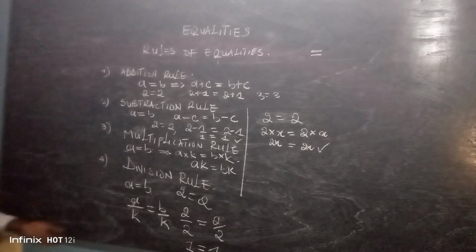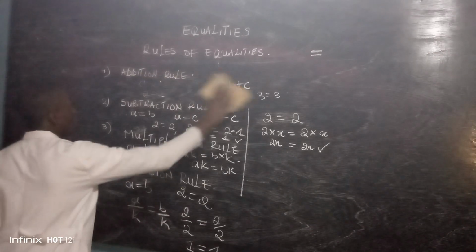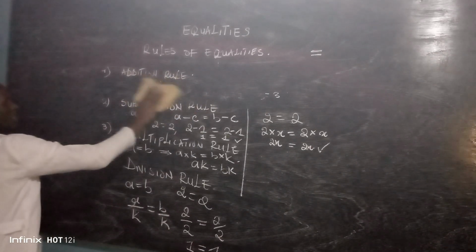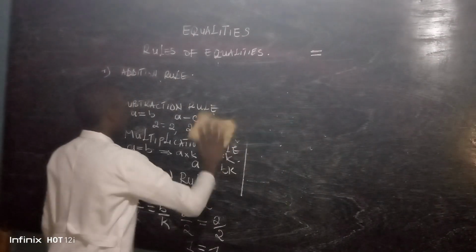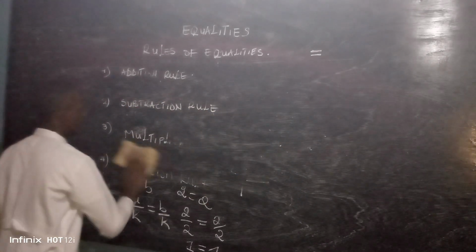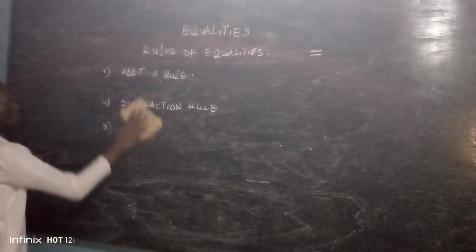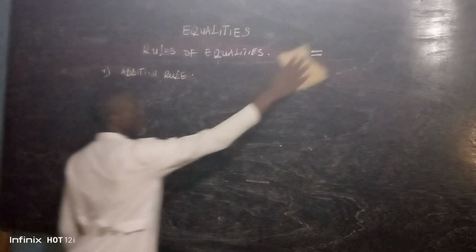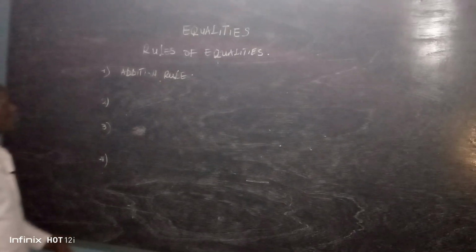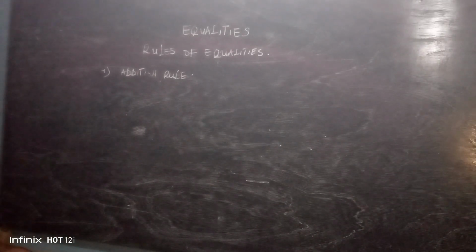So basically, we have seen these properties now. Now let's discuss how you can use this to solve equations. We'll discuss the rules one after another. Now let's start with the addition rule.